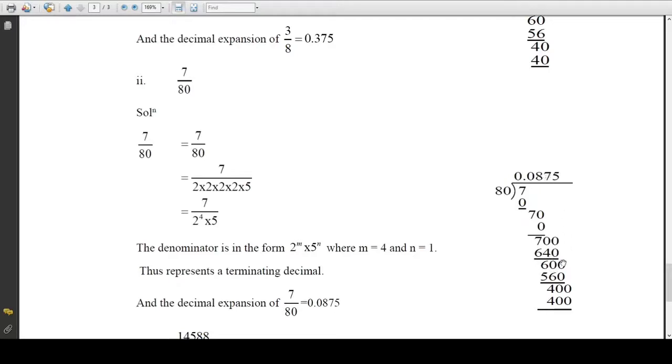Then when you go decimal, a 0 will always drop down here. 600. Now 80 multiply 7 will be 560.